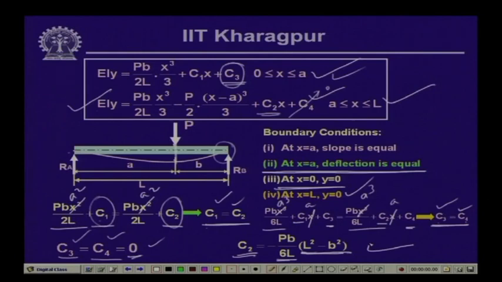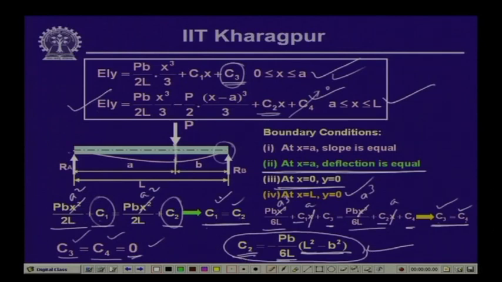So, all the unknown constants are now evaluated; since C 1 is equal to C 2, C 1 and C 2 will exist, and C 3, C 4 are 0.